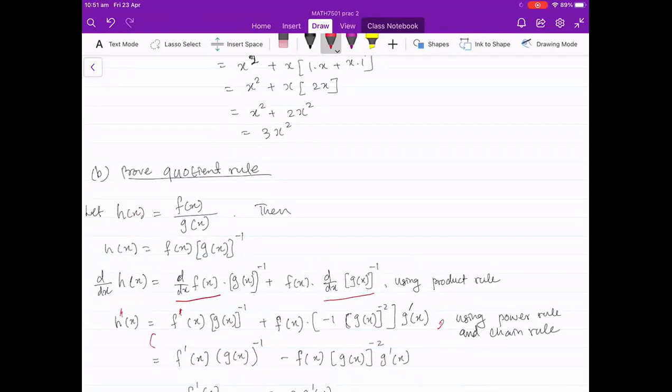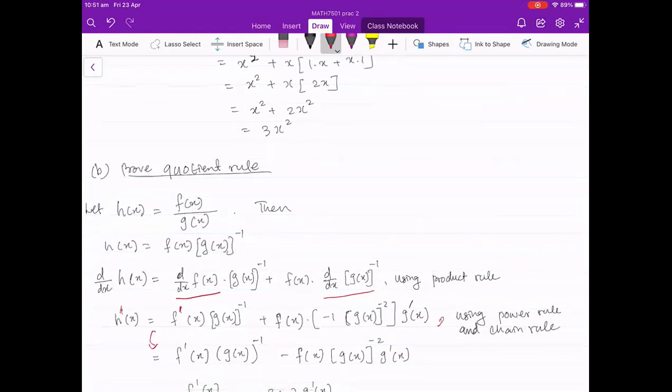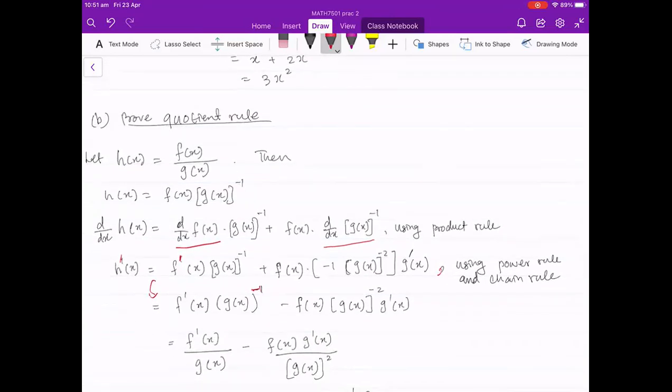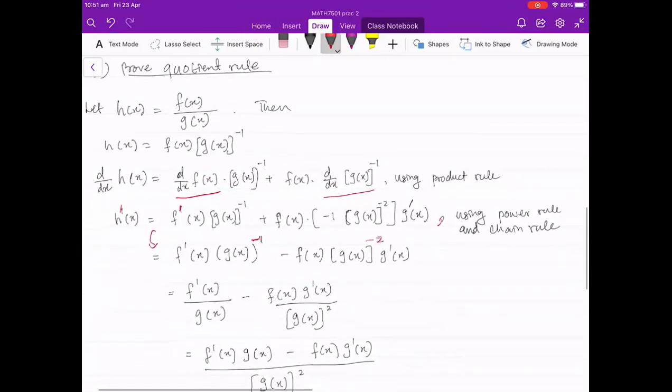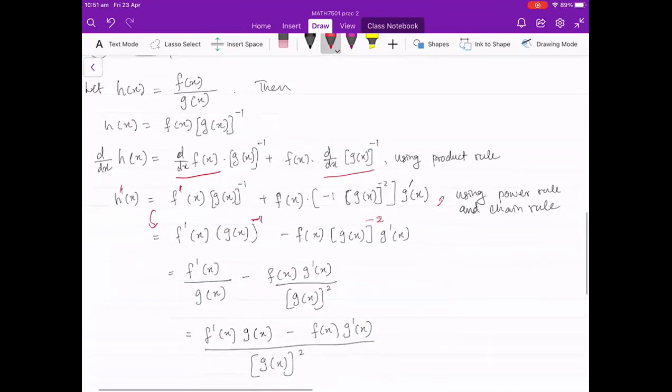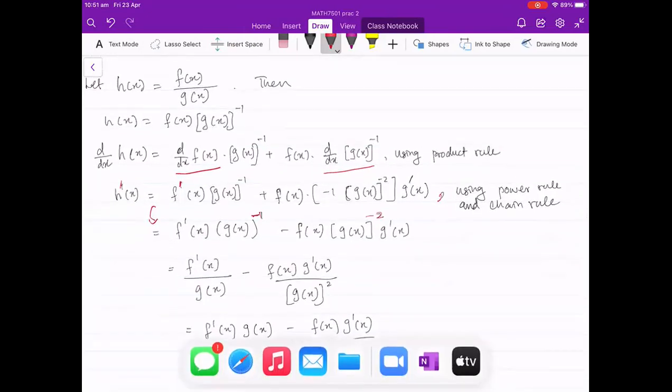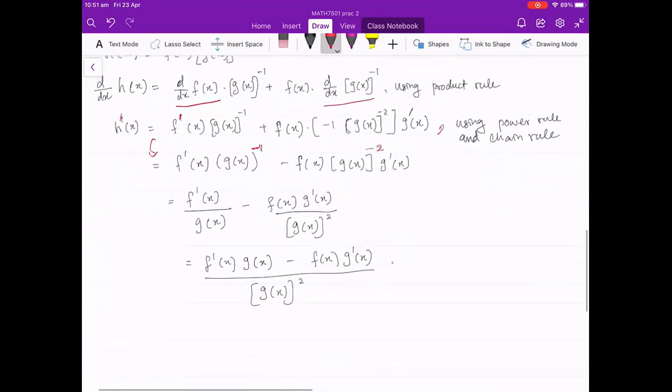Now, once you go up to this step, this is to the power -1, which is really divided by g(x). And here also to the power -2 is divided by g(x) squared. Rearranging this and then making common denominator, you would be getting the quotient rule.